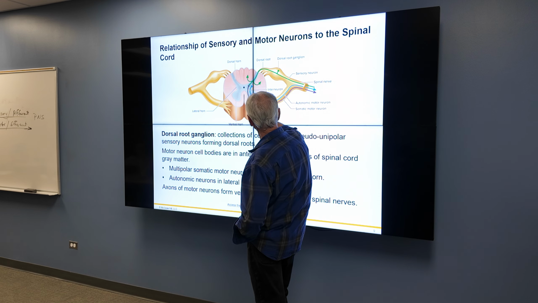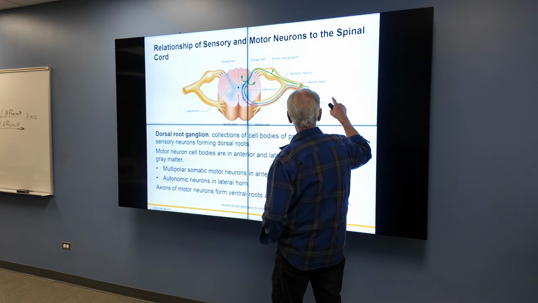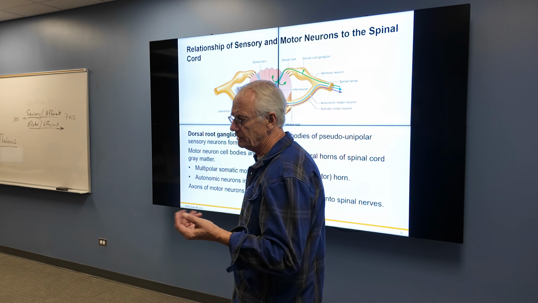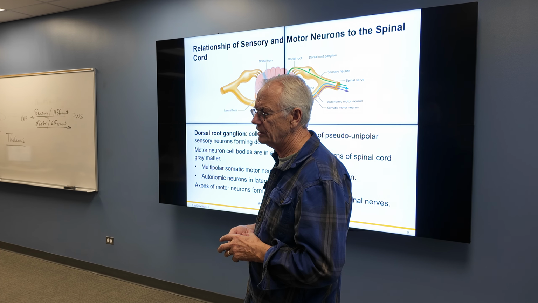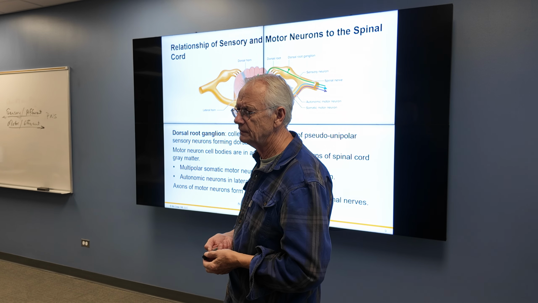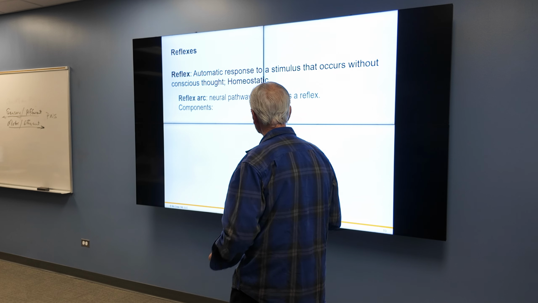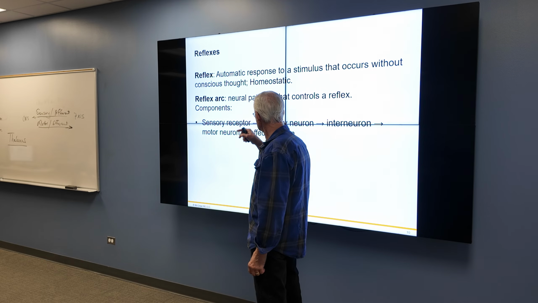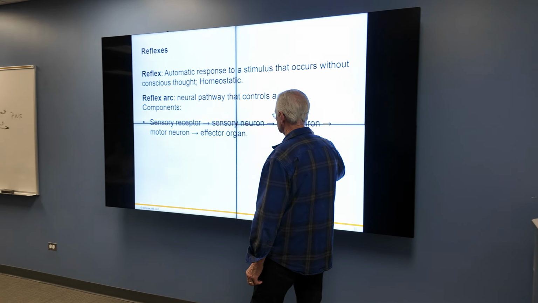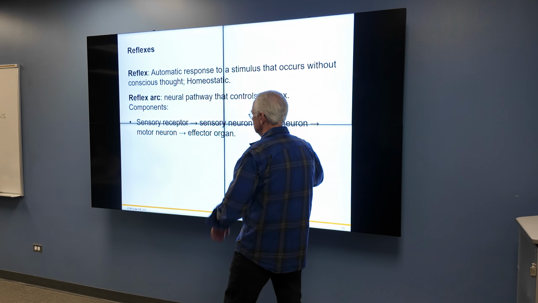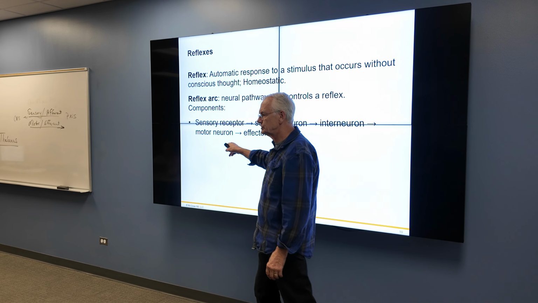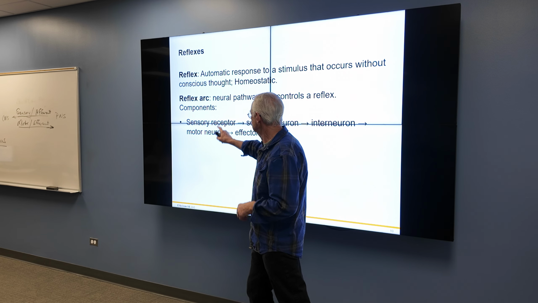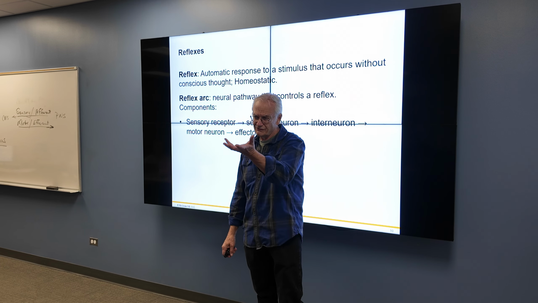Interneuron then is gonna communicate with the motor neuron, and the motor neuron goes out here to a muscle, or some kind of response that says, hey, pull that arm out of the way, get that hand off that hot grill. Okay, so what we did was we just looked at this pathway here. A receptor, it's not shown on that illustration, but we did see the sensory neuron, we saw the interneuron within the spinal cord, we saw the motor neuron originates within the cord, and then the effector organ is going to be a response to whatever the sensory receptor gave as a signal.